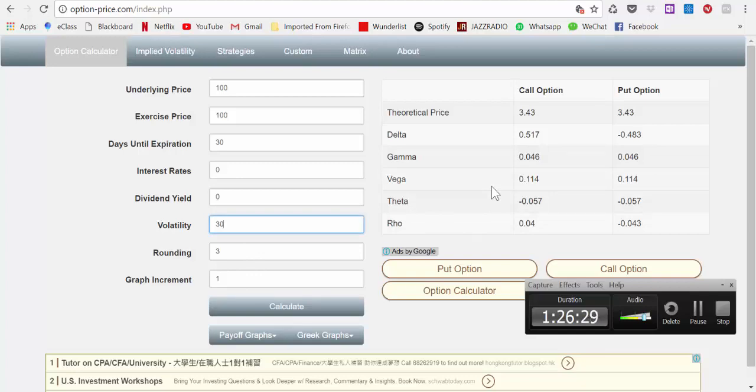It means that if I change my volatility from 30 to, let's say, 31, and I hit calculate, the call price was 343 and is now changed to 354. So it's changed by the amount of the Vega.